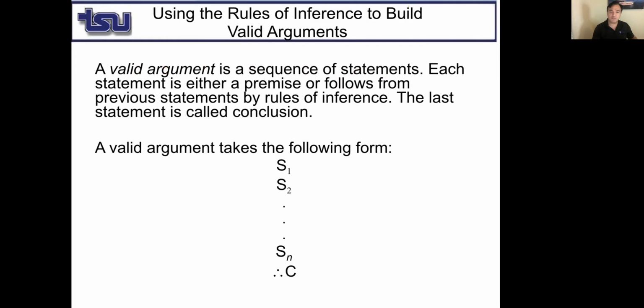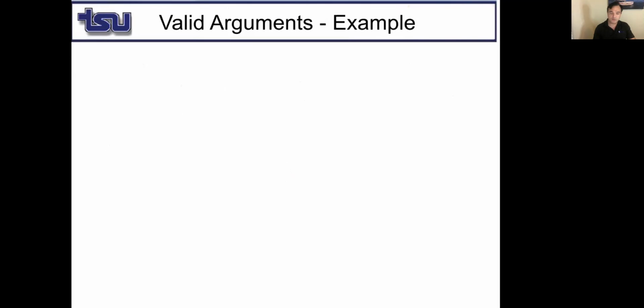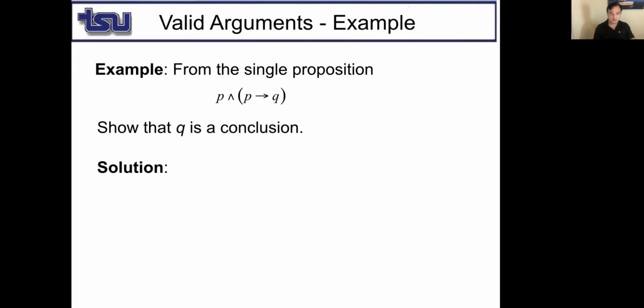Some of those statements may be premises, and some may be inferred from the premises using the rules of inference, okay? So basically, you have statements from S1 to Sn, and then those statements are used to draw a conclusion. And I will show with examples, that's easiest.